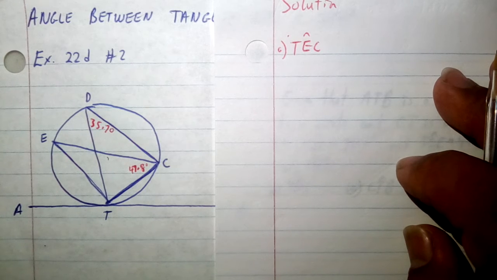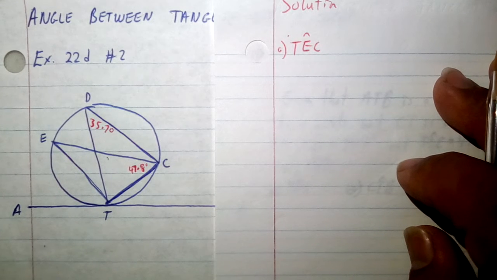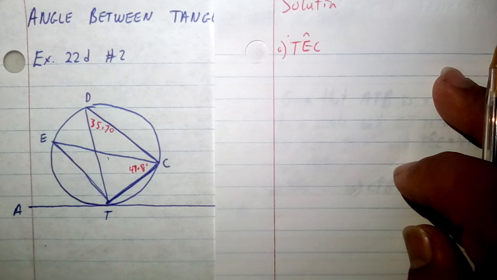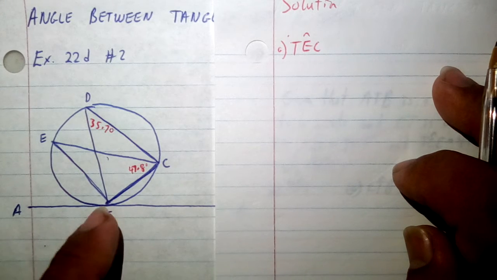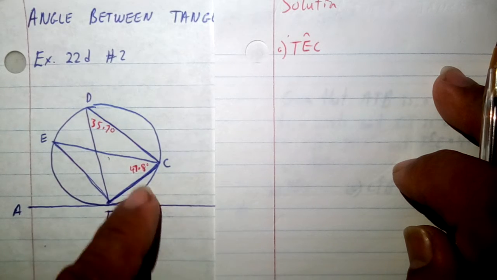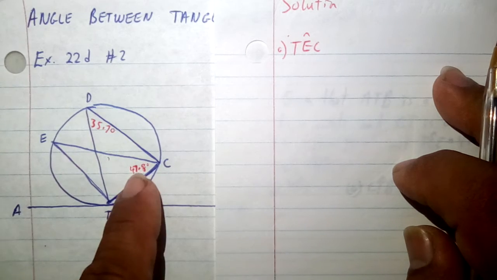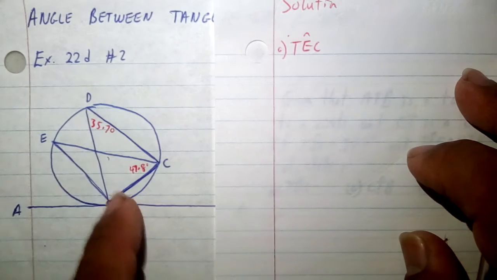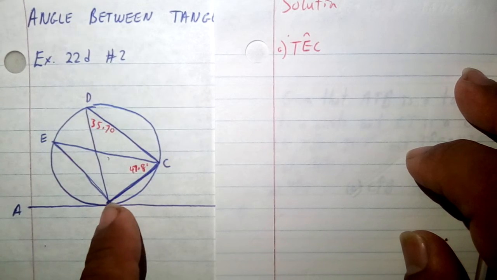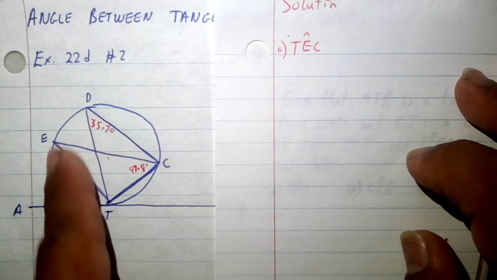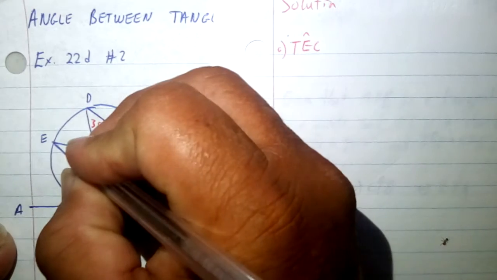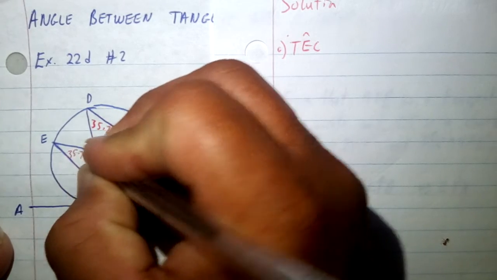So when we look at TEC, we're going to say that TEC is equal to TDC, because that's what we're looking for. These two angles are equal. Okay, so this is 35.7 degrees.